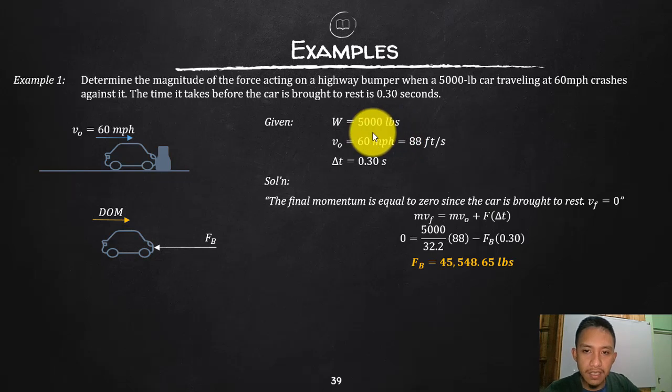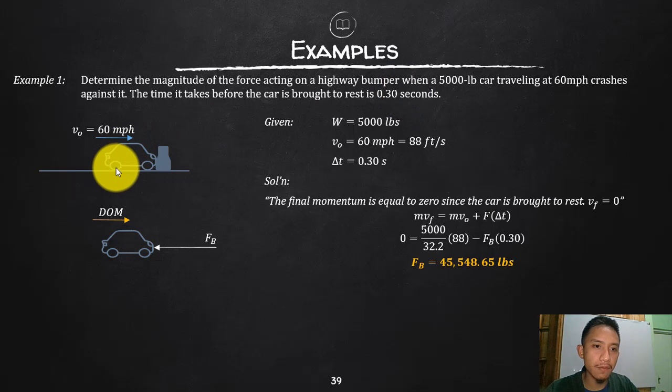But actually, it has no effect of the gravity, or there is no effect of the friction. Why? Because in the first place, the car is in motion, and there is no given coefficient of kinetic friction here.